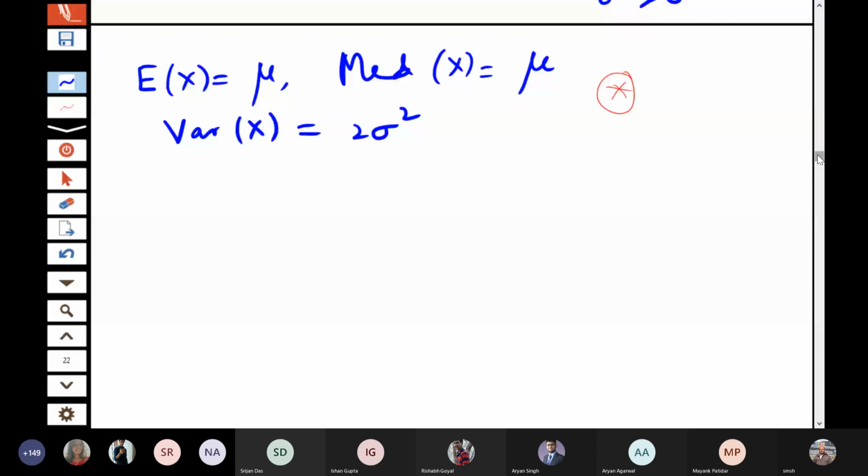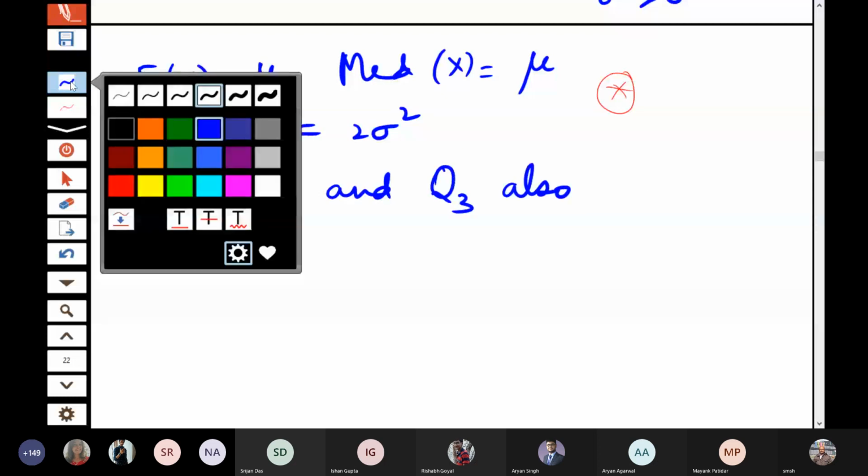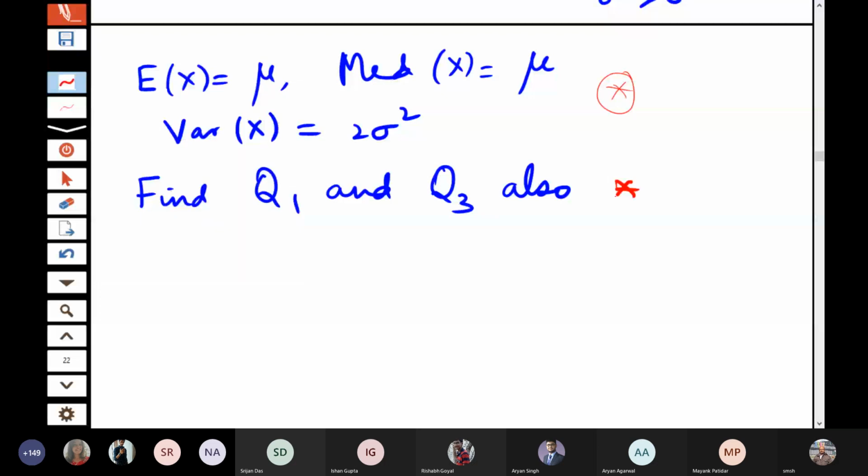You can calculate, for example, quantiles also. Find Q1 and Q3 also. I am just leaving it as an exercise for you. Okay, you do these exercises.